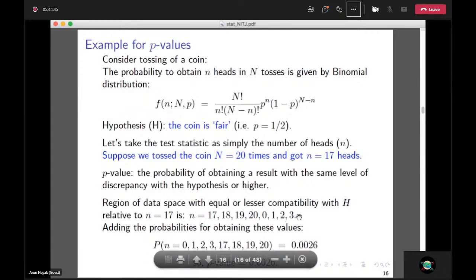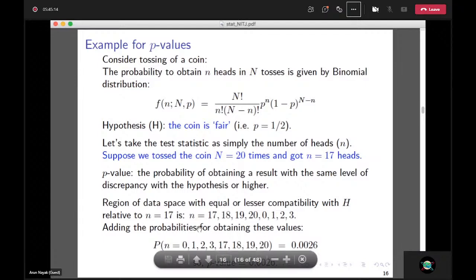If we get this kind of number of heads out of 20, that will have lesser or equal compatibility than 17. So what is the total probability for finding these numbers out of 20 tosses?